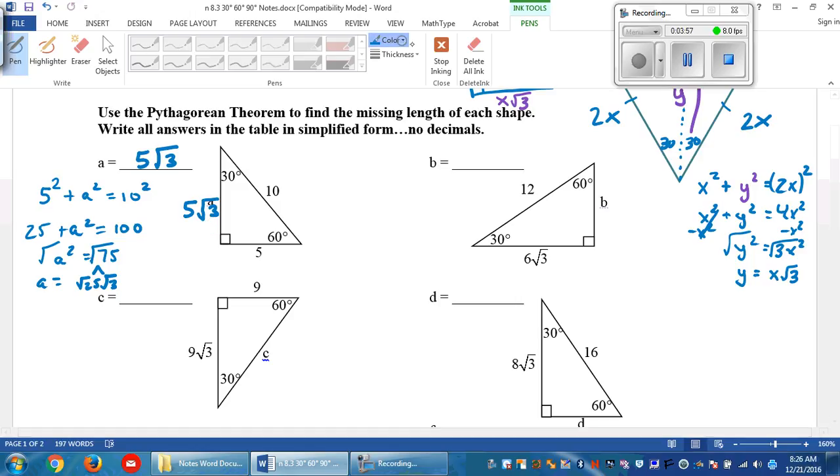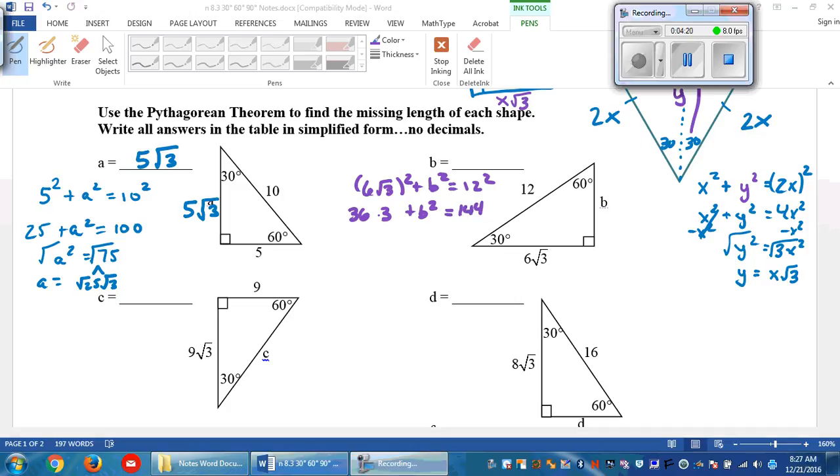Now letter B over here. So letter B, we'd have 6 root 3 squared plus b squared is equal to 12 squared. Well, 6 root 3 squared, that's 36 times 3. And that 36 times 3 plus b squared is equal to 144.